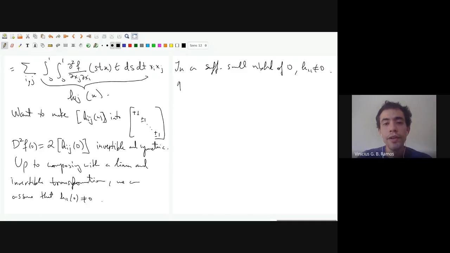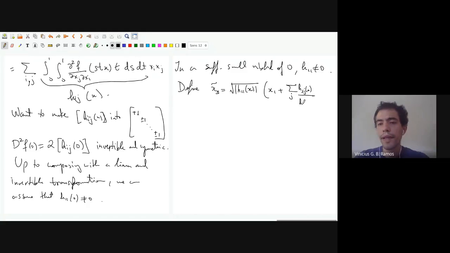Now I can define x1 tilde to be the following: the square root of the absolute value of h11 of x times x1 plus the sum over j of h1j of x divided by h11 of x times xj.